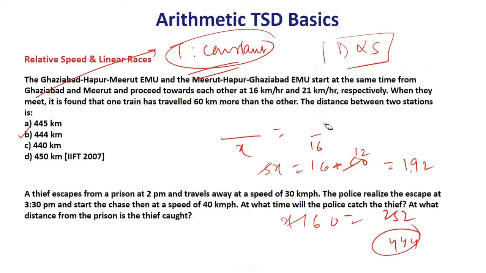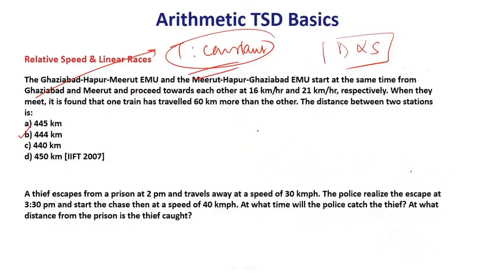Let us understand a few important things here which will help you further in the CAT exam. There is one more scenario wherein, let's say, there are points A and B. A person moving at speed x moves from this direction and a person moving at speed y moves from this direction.